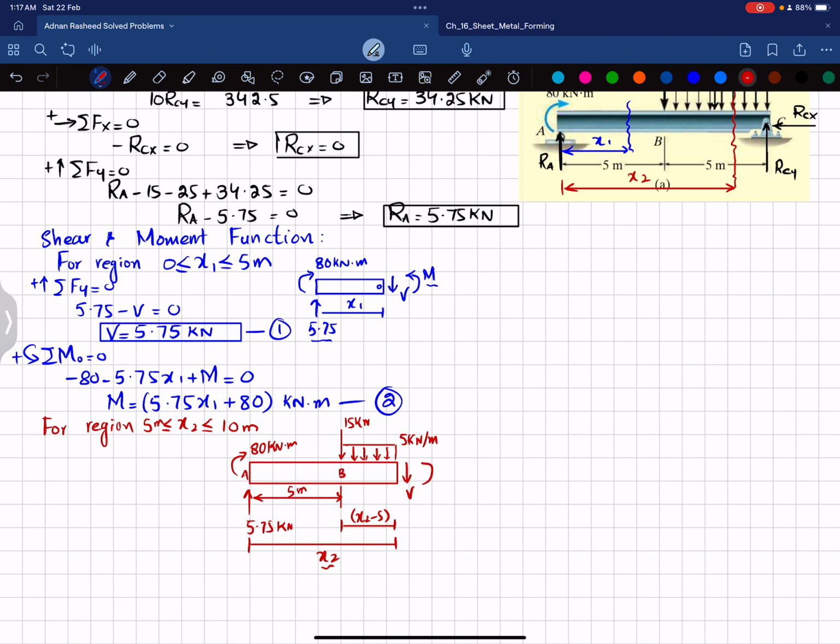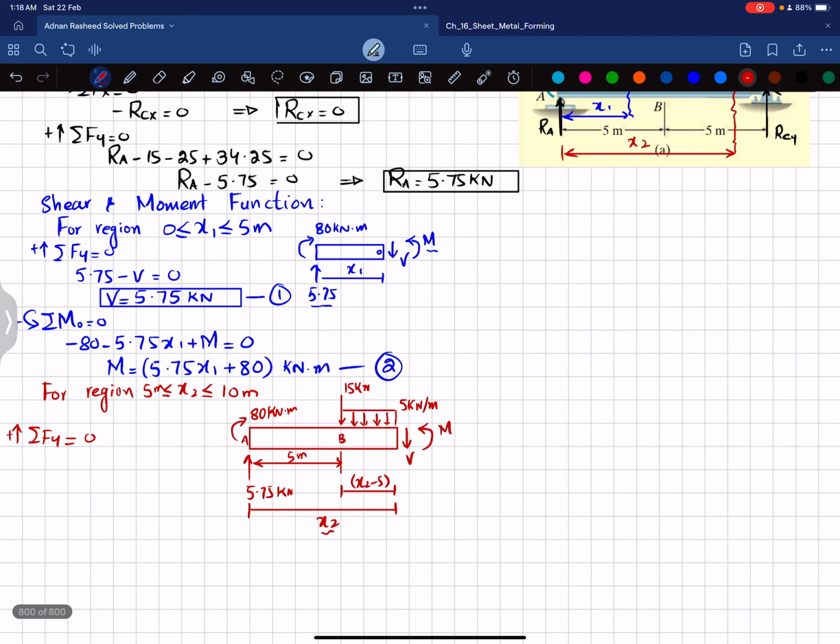you will be having a moment M. So again here we'll find this V and M, the equations of V and M, by using the equation of equilibrium, that sum of all forces along y direction must be equal to 0 and upward force is taken as positive. So you can see that the first upward force is this one, which is 5.75.